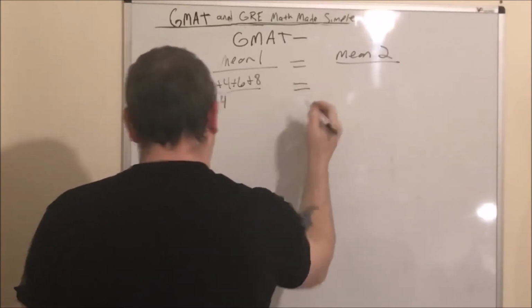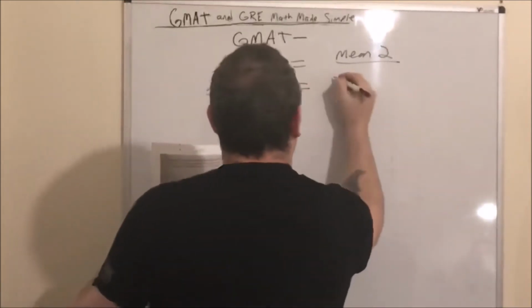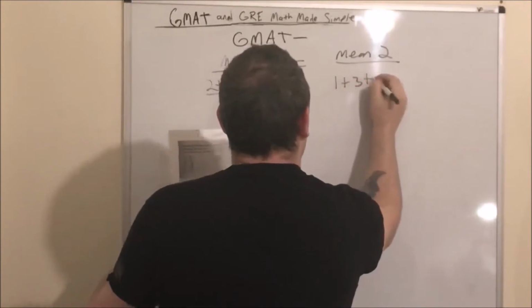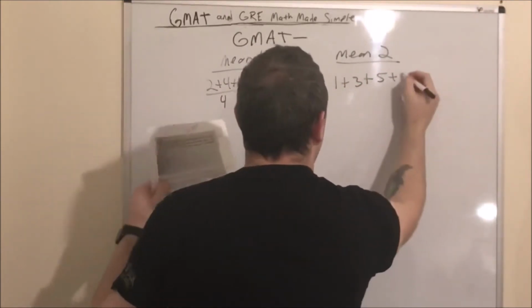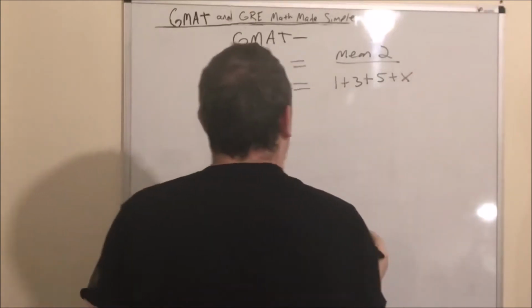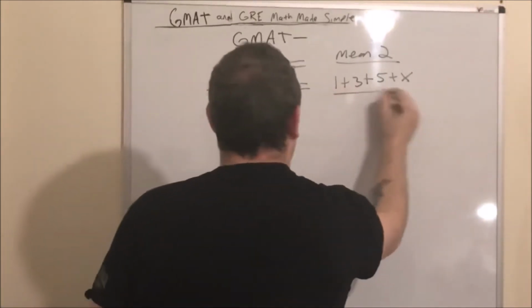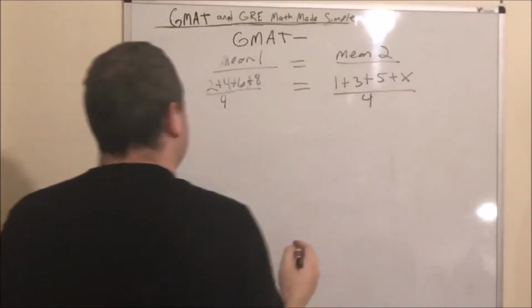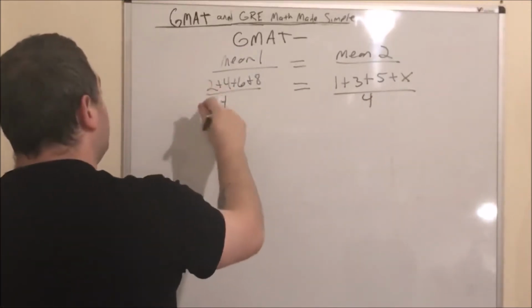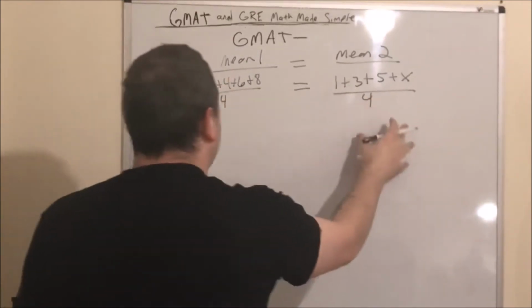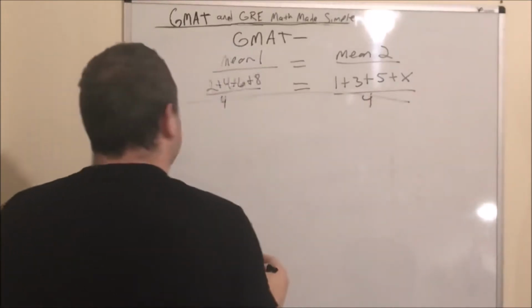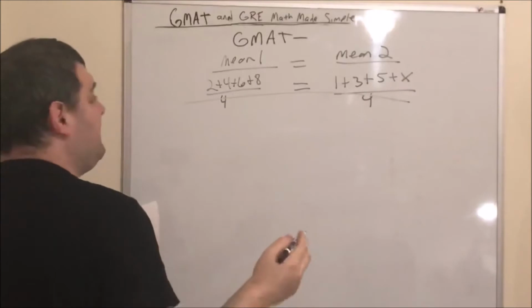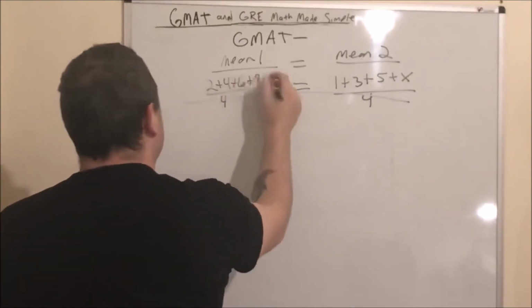And this has to equal 1 plus 3 plus 5 plus, we'll just call this one x. It's still divided by 4, so we could either find the average here and then try to find it here, or we can just cross out the division, because they both have the same 4 numbers, and then we can figure out what these equal.